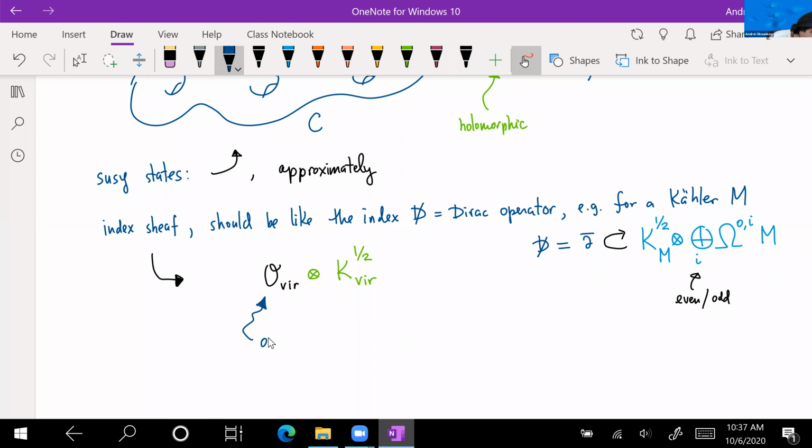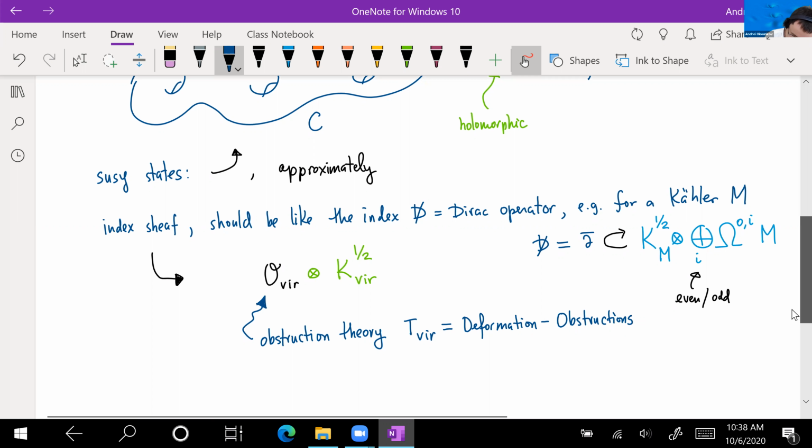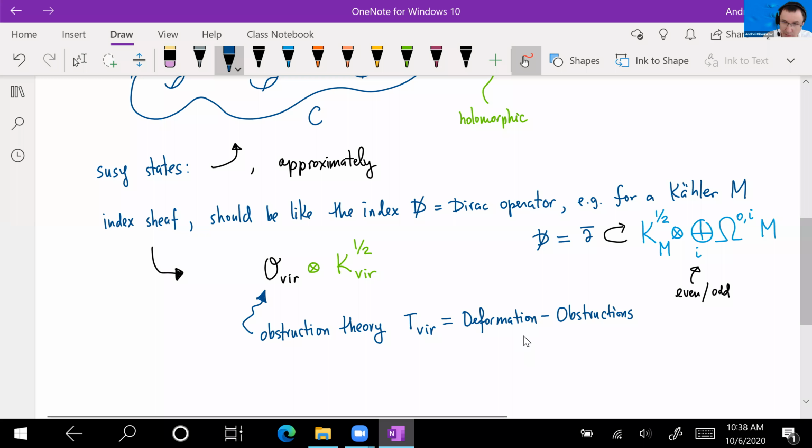It has, for instance, a virtual tangent space, which comes from deformations minus obstructions of the map, which we can represent in the K-theory class by a difference of vector bundles, like in Melissa's lecture.